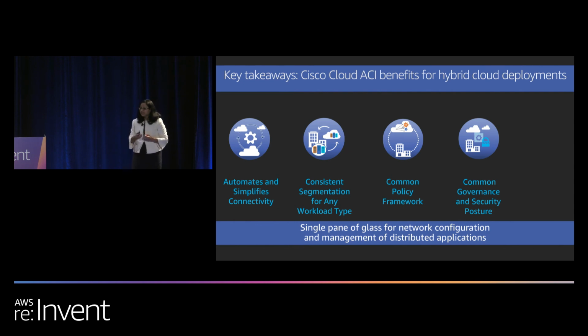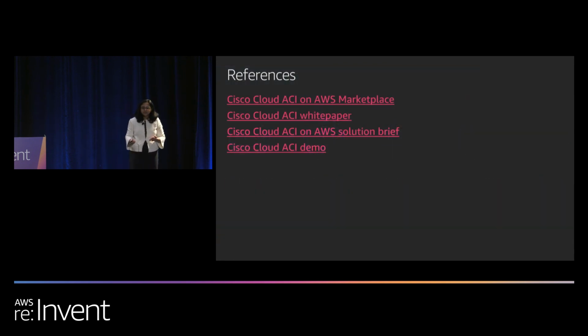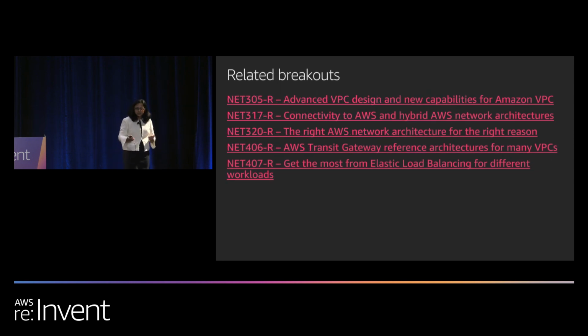We obviously have common governance and security policies and simplified operations. So across the board, for any hybrid networking related problems that you have, the solution provides a way to resolve them. These are some of the references which are available online, and then some related breakout sessions.